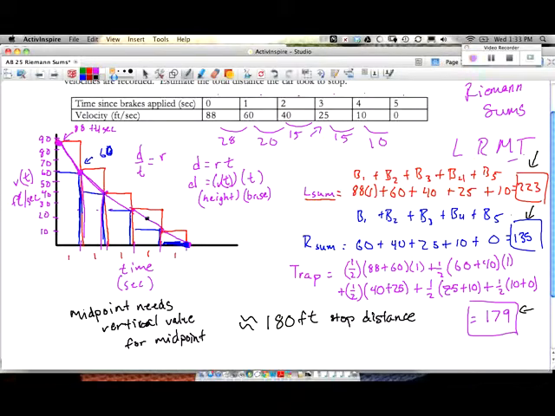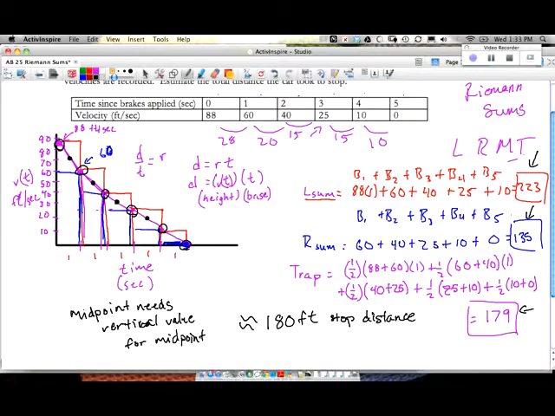And I know that you could kind of guess where this midpoint was right here on each of these lines, but we don't know that that's exactly where it is because we don't have any of that in-between information. The only ones that we have are these given points. So technically, we couldn't really do midpoint. Trapezoid is kind of a modified version of midpoint there.